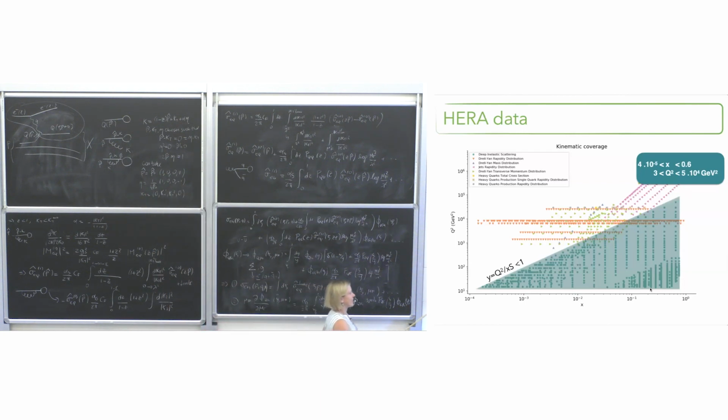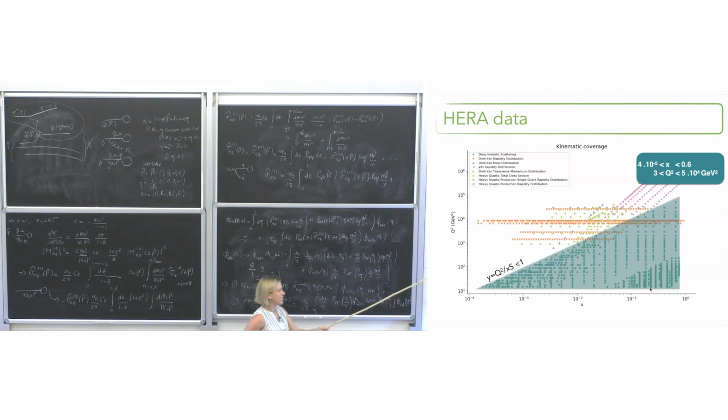And you can see why there is this line here: this is exactly the variable y that you saw yesterday that is related with Q squared over XS. S is the center of mass energy, so you have this dependence. It cannot be larger than 1, and this gives you this diagonal cut over there.